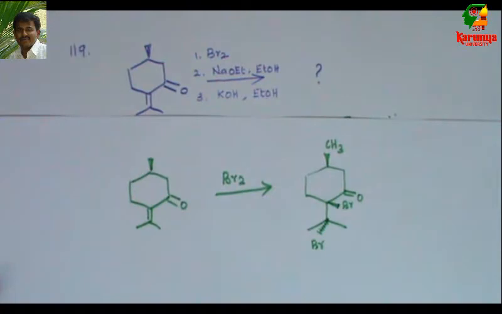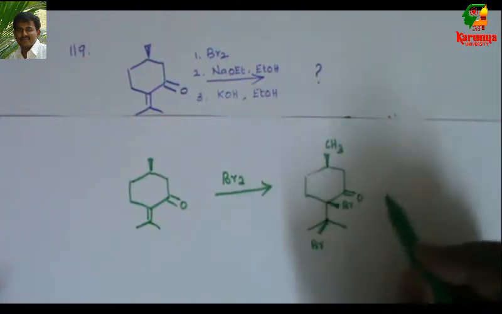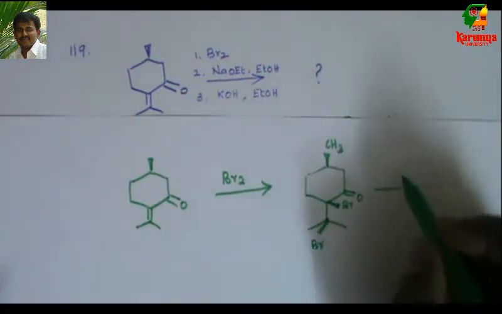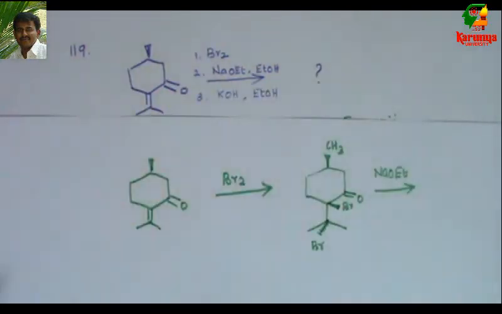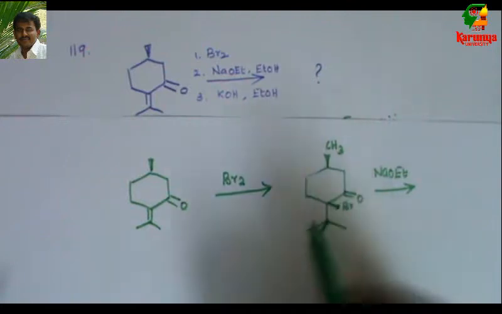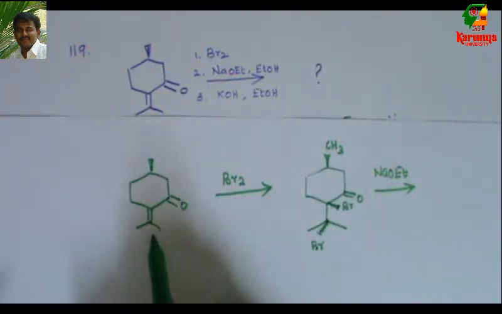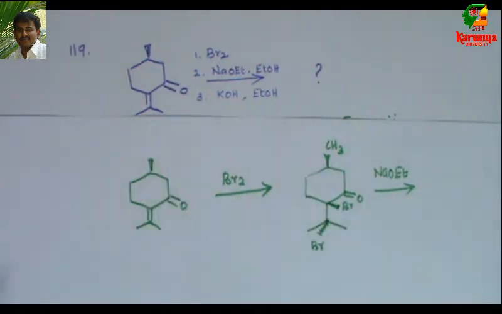The addition of bromine to alkene is anti-addition, so it should be trans. The second one, it is treated with sodium ethoxide. Now you can find the alpha haloketone. The given starting material is not an alpha haloketone, but here after bromination it is an alpha haloketone.